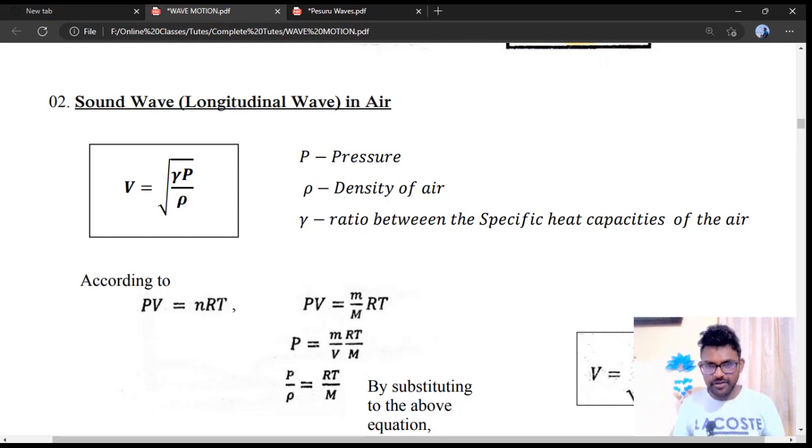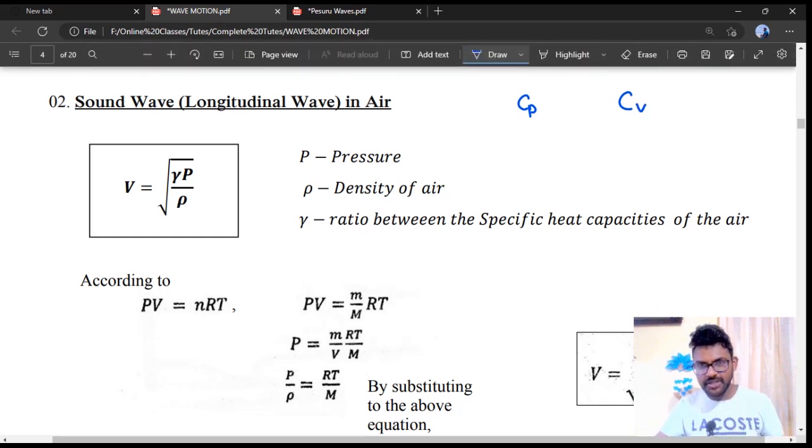We have learned this for the second law of thermodynamics. There are two specific heat capacities for the air. One is the specific heat capacity at constant pressure, which we write as Cp, and one is the specific heat capacity at constant volume, Cv. Make sure you pause this video right now and go to the note, refer to the specific heat capacity at constant pressure and at constant volume, and just come back.